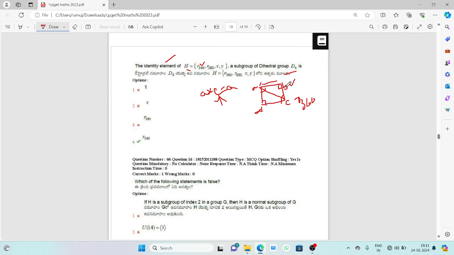So 180, 360 degrees, means we can say that that is the identity element directly, because after doing that rotation, if the image of that group is the same image, then only we can say that that is the identity element. So that case is happening here. If you start with the rotation of 360 degrees, the symmetry of that whole group goes to the same identity element. So the fourth option is correct. This r 360 forms the identity element of D4.